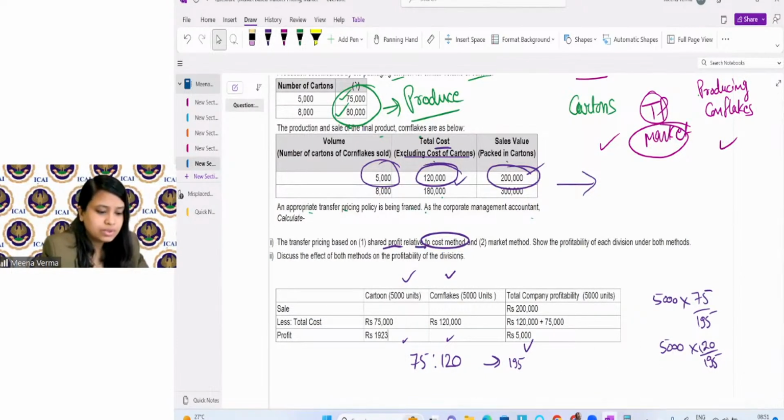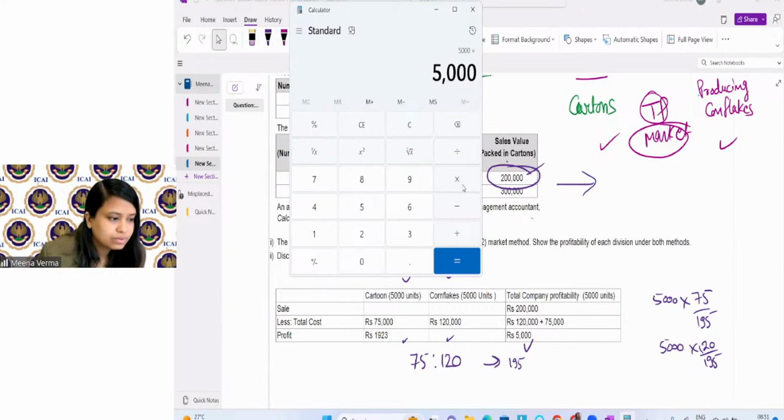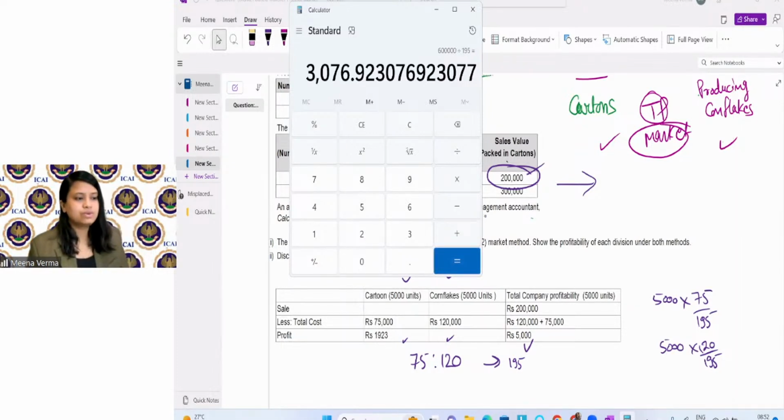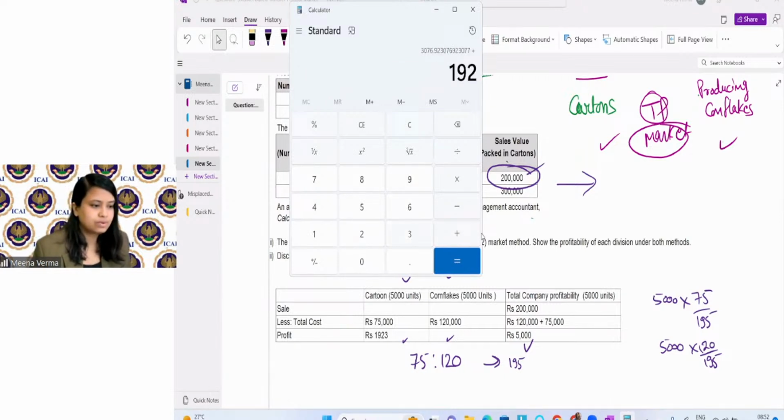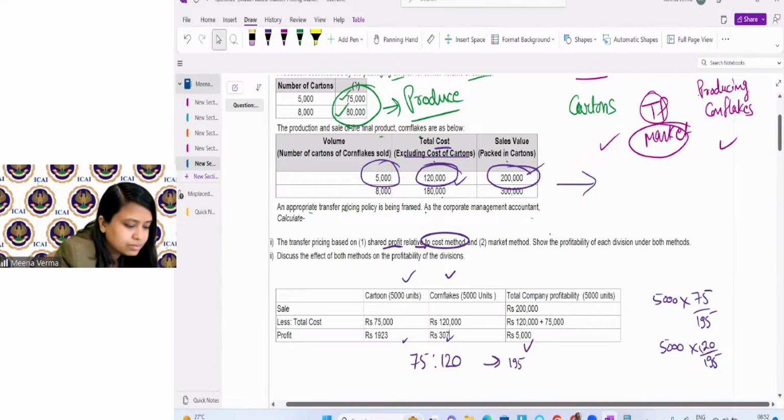And for the next one, 3076. So this is how we will allocate the profit to them.